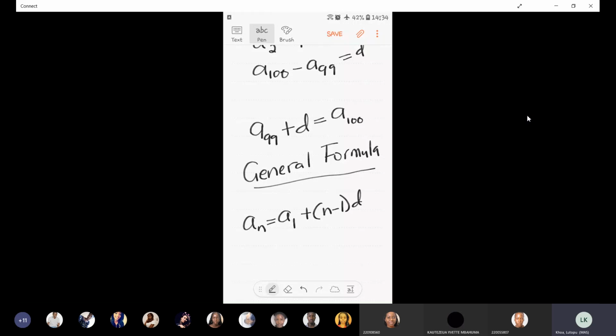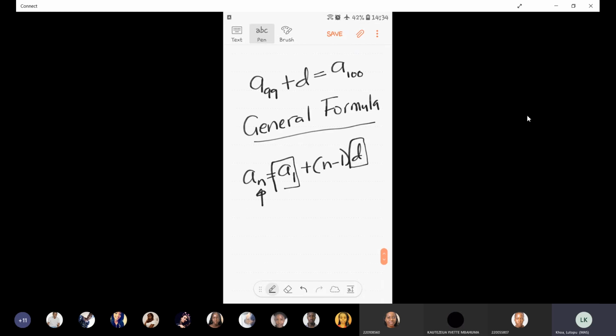Okay, so that is the general formula. So if I want to work out the nth term, I need to use the first term and the common difference, then substitute whatever n I'm looking for into the formula.